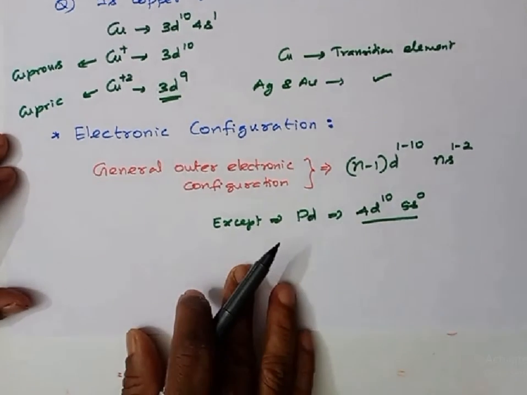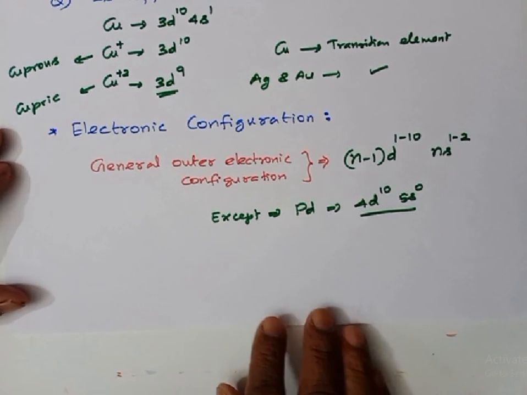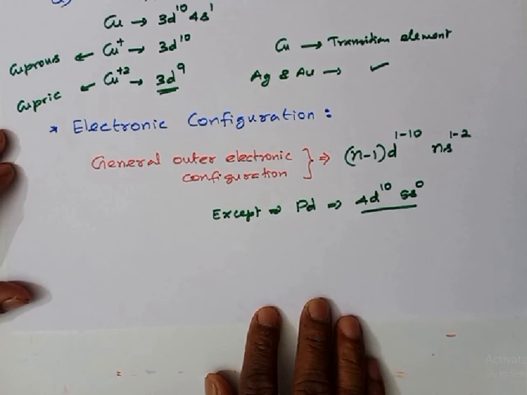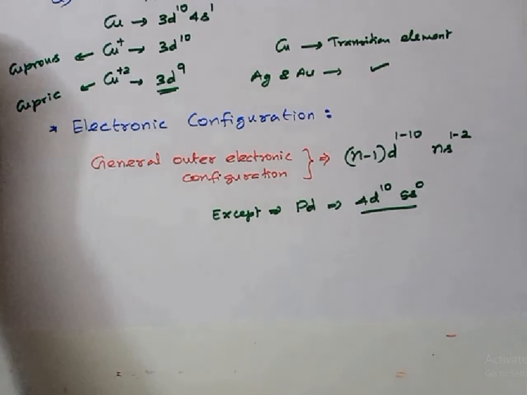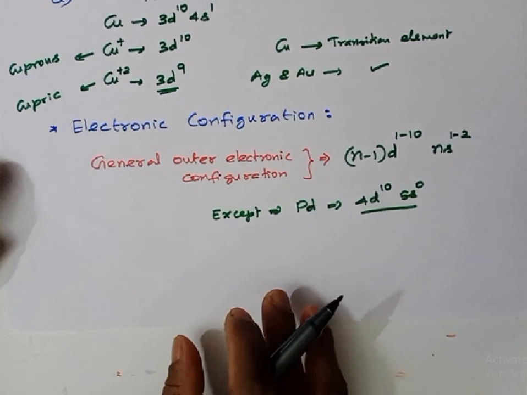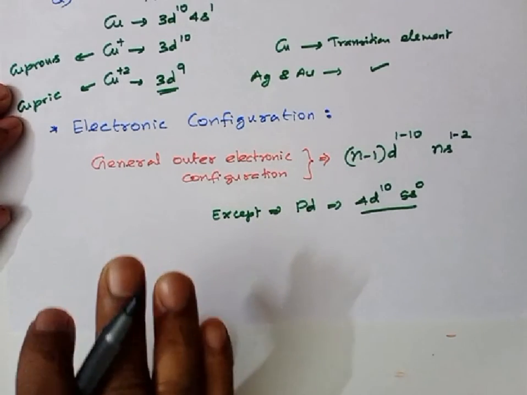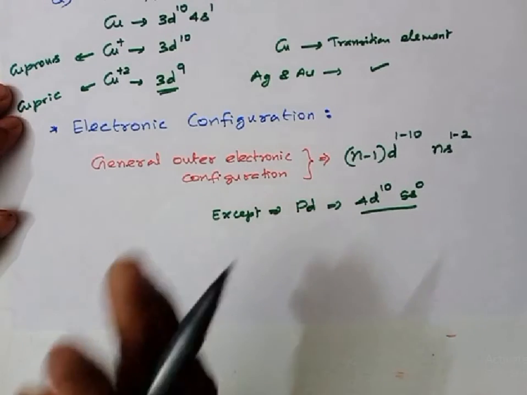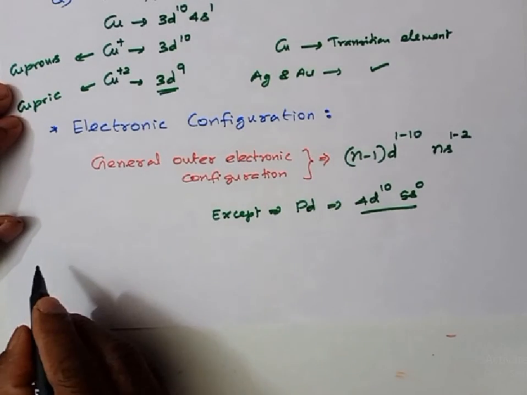Now listen students, it is very important for your level to remember the electronic configuration of the first transition series, also called the 3d series. Other series are important if you prepare for any competitive examination. But for your general examination or board examination, the 3d series is sufficient.